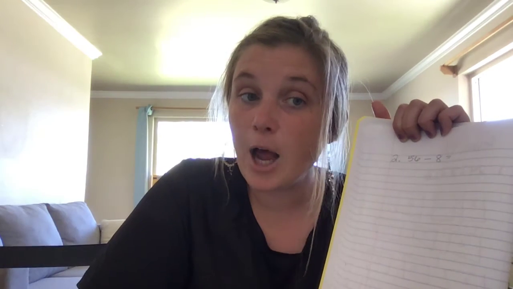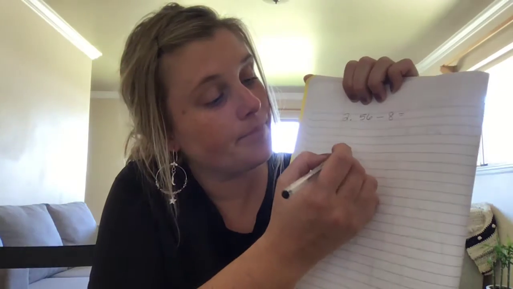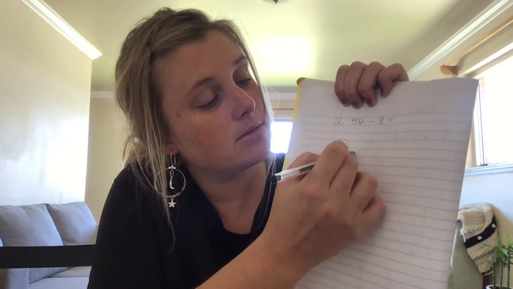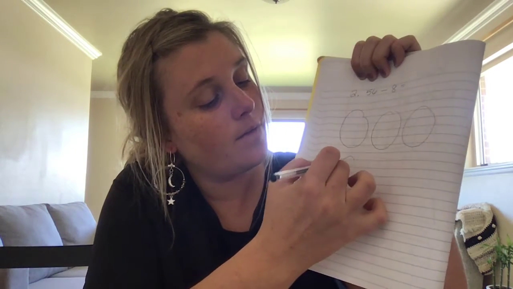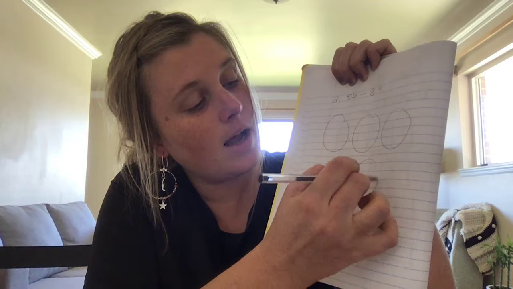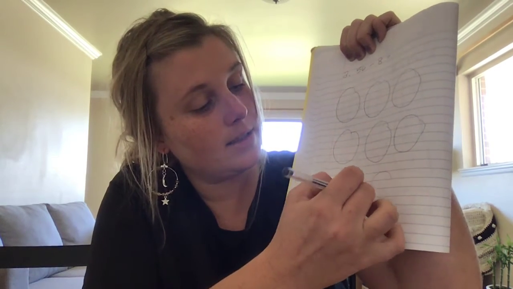We're going to go 56 divided by the 8 yards, the 8 people's yards. How many trees go in each yard? Well, let's figure this out. He's going to go to 8 different yards. Let's draw them. Here's 1 yard, 2, 3, 4, 5, 6, 7, 8.